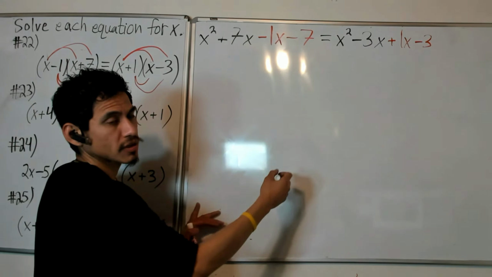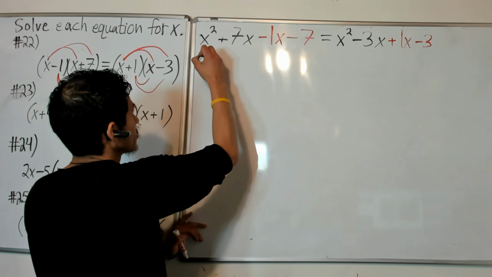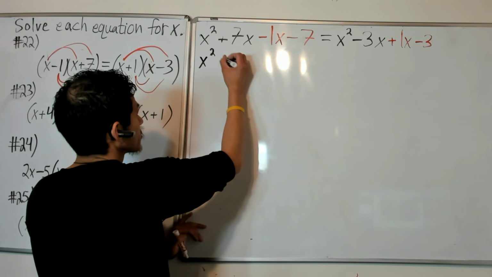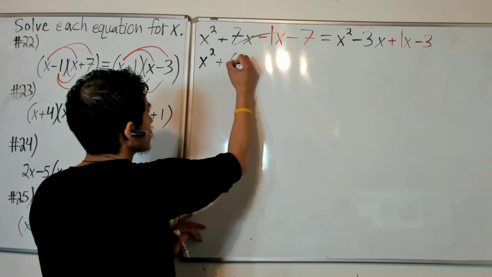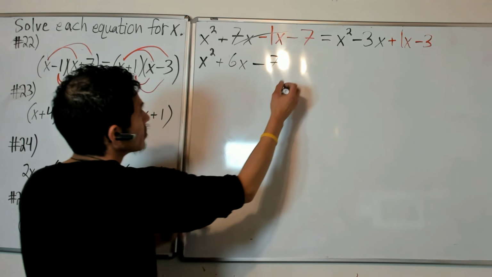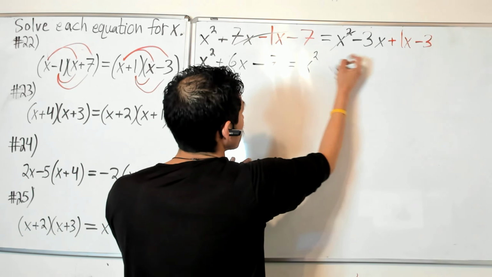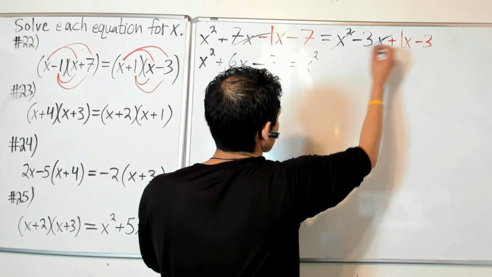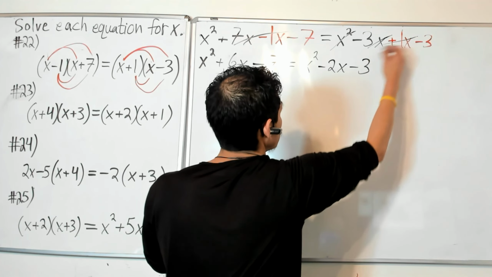Now I can start breaking this down, and let's first combine these like terms. On the left, we'll have x squared, 7x minus 1x will make 6x minus 7 is equal to, carrying down the x squared, minus 3x plus 1x will be minus 2x minus 3.